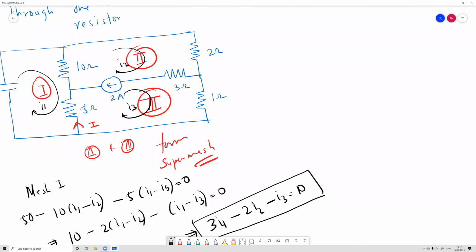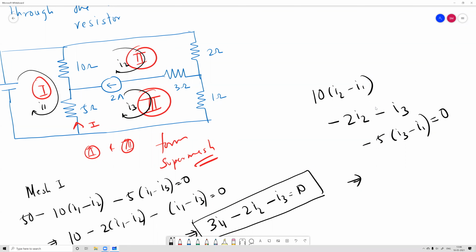Now let us do the outer loop of the super mesh. We start from this point. You can start from any point, okay? Start from any point. 10 (I2 minus I1) minus 2 (I2 minus I3) minus 5 (I3 minus I1) is 0.